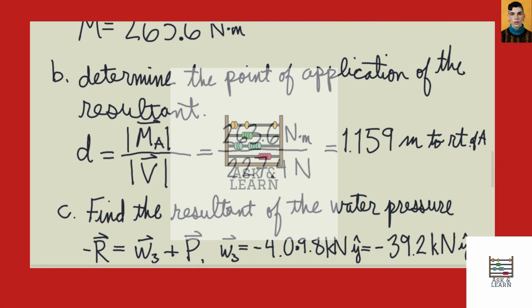That turns out to be 263.6 divided by 227.4, which leaves us with 1.159 meters to the right of point A. That is the location of our point of application. So we need to box that.